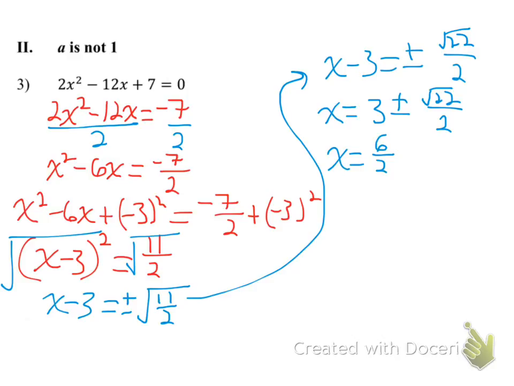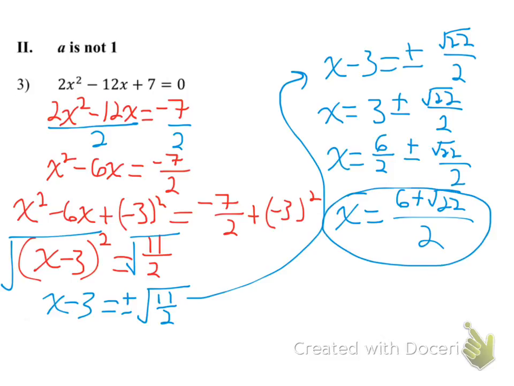I just took 3 over 1 and multiplied it by 2 over 2. Plus or minus square root 22 over 2. Now we have common denominators. We can add the tops and put it all over 2. And those are your 2 answers. Oops, forgot my plus or minus, but those imply your 2 answers there.